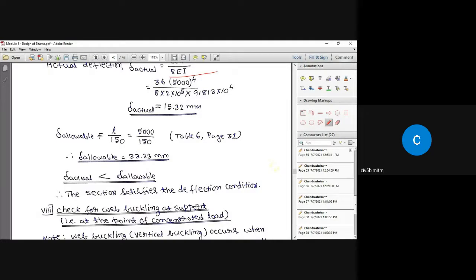Please go. Open page number 31 of the code book. Look at Table 6. Again, go to the leftmost column. We see industrial buildings, and the next one below that is other buildings.